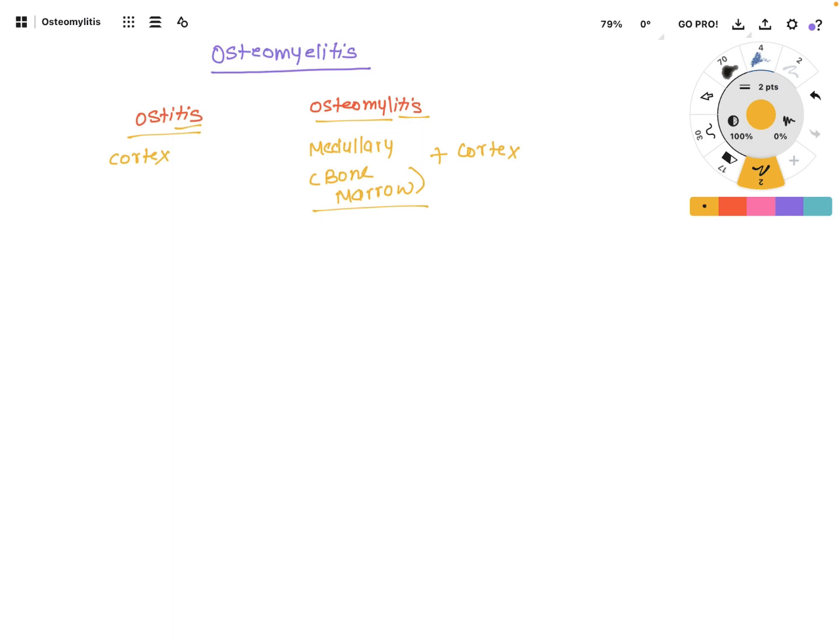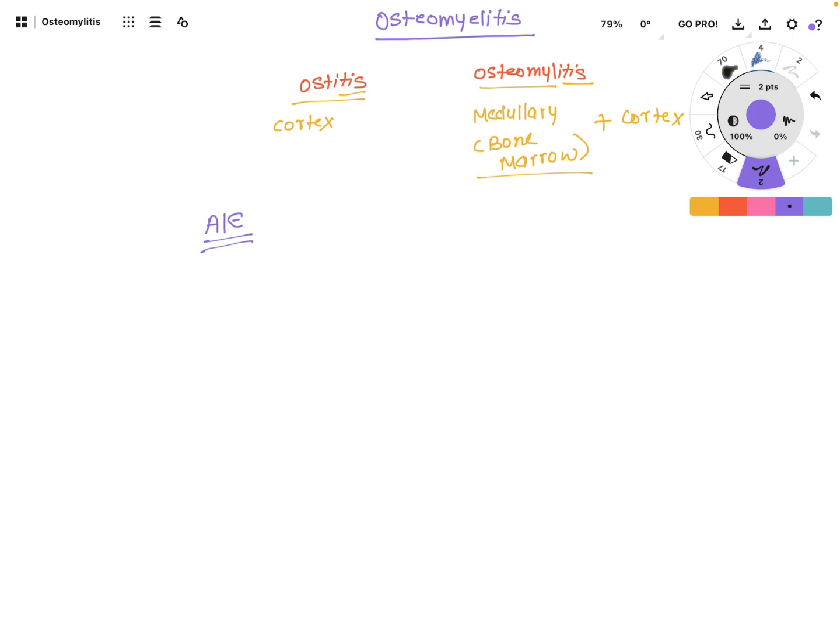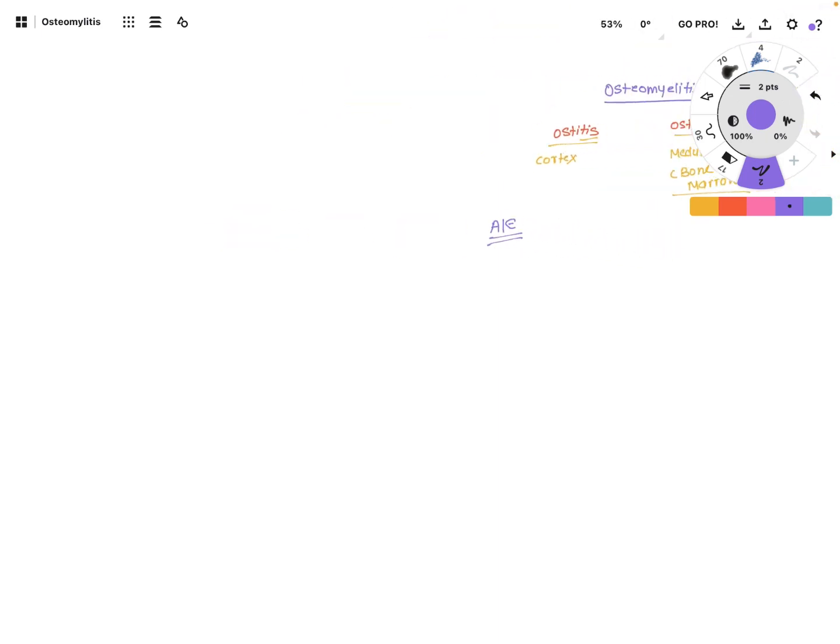So what are the causes for this particular disease? What is the etiology? To understand the etiology, let's first discuss the pathophysiology of osteomyelitis. With this, the etiology will be clear.